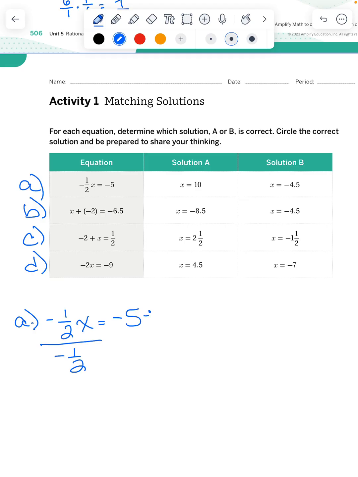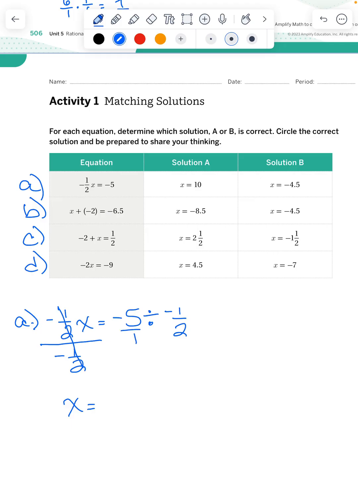So I'm going to divide this side by -1/2, and I'm going to divide this side by -1/2. On the left, a -1/2 divided by -1/2 is a +1x.